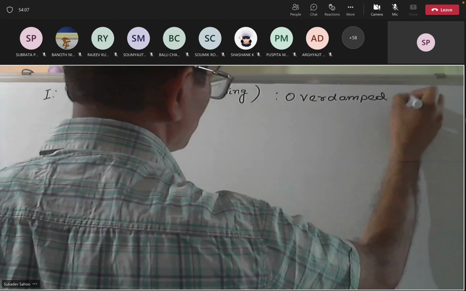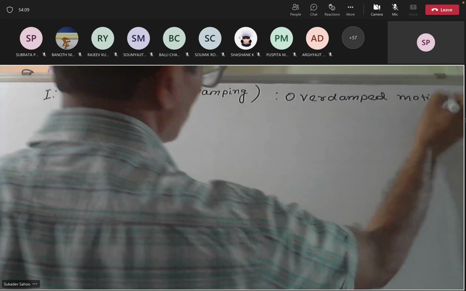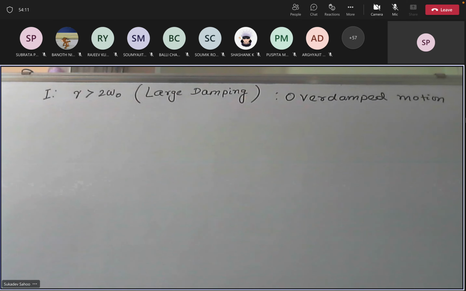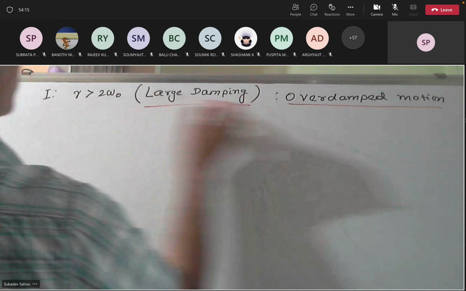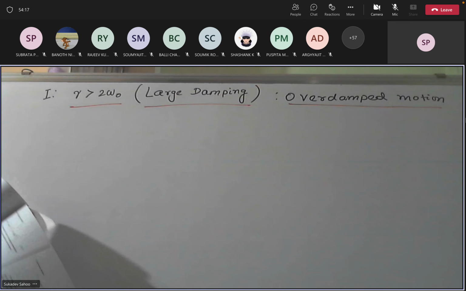Over-damped motion. Now we will substitute these conditions in our general equation of motion, the general solution.